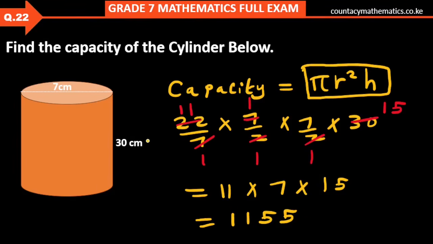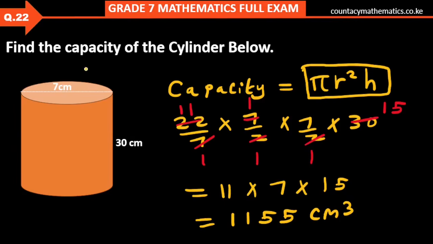And we remember the value is in centimeters cubed, because you are likely to forget and put here a squared, which is totally wrong. Capacity is in cubic units, therefore it must be cubic, like that.